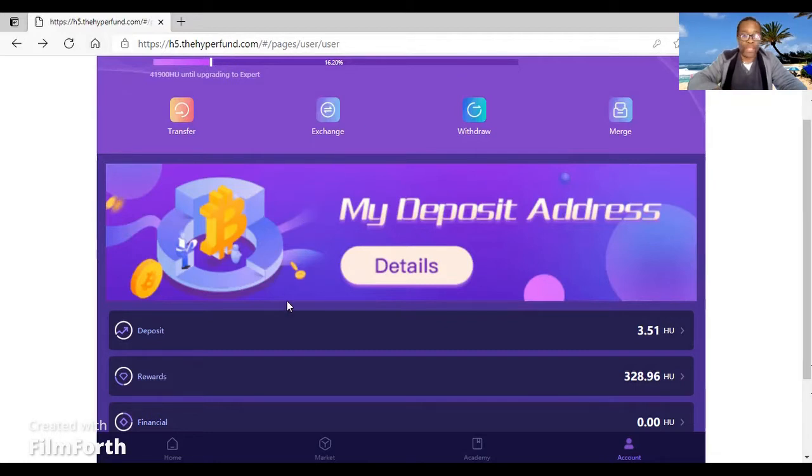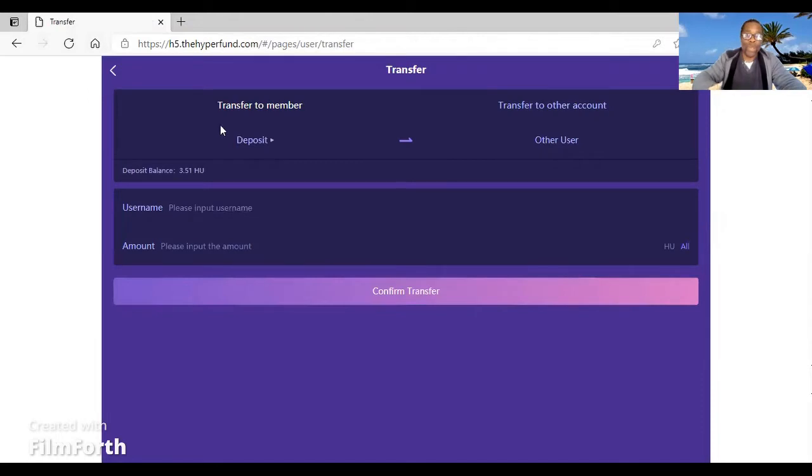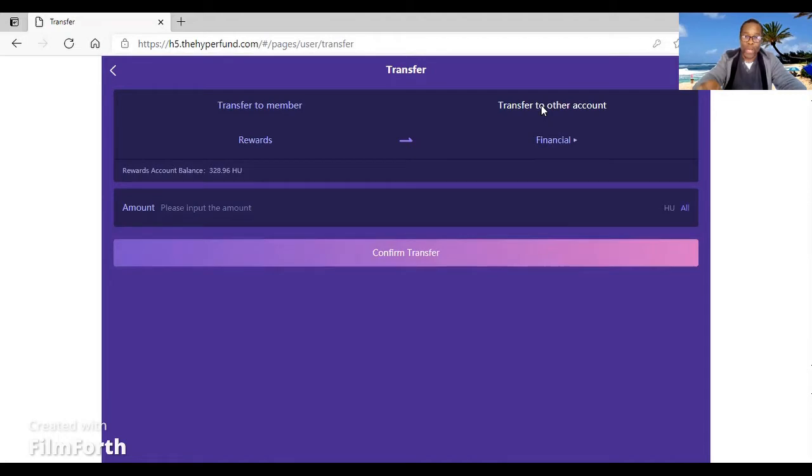So what do we do now? You go to transfer. You can see transfer to member and also transfer to another account, to another bucket. Account here is within your HyperFund account. So you can see reward, transfer to financial.